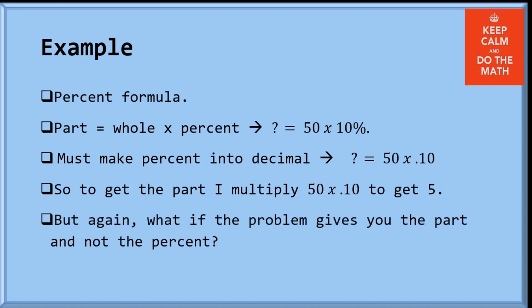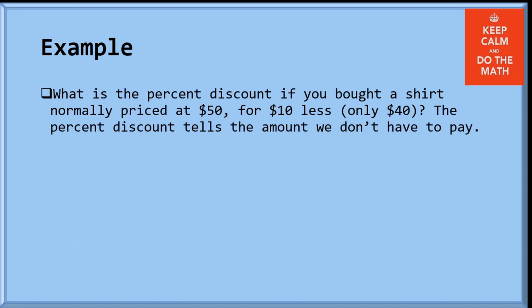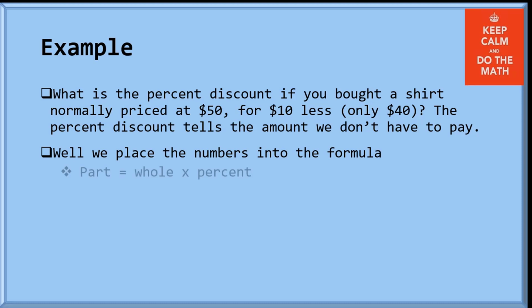But again, let's take a look at this problem. What if it gives you the part and not the percent? So what is the percent discount? If you bought a shirt normally priced at $50 for $10 less, so only for $40. The percent discount tells the amount we don't have to pay. Well, we place the numbers into the formula. So the part equals whole times percent.